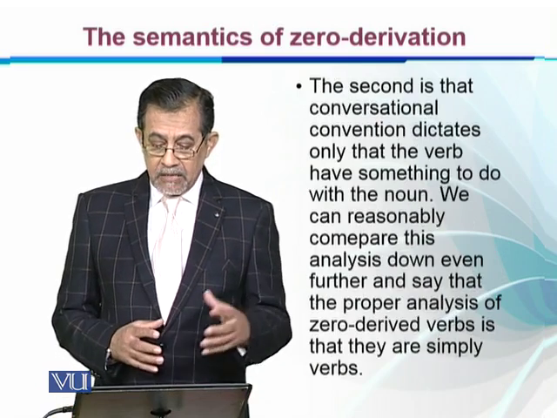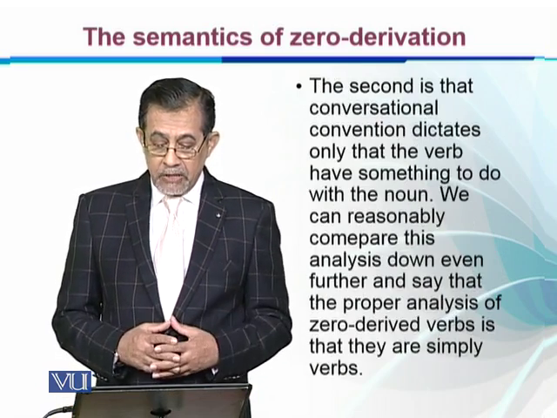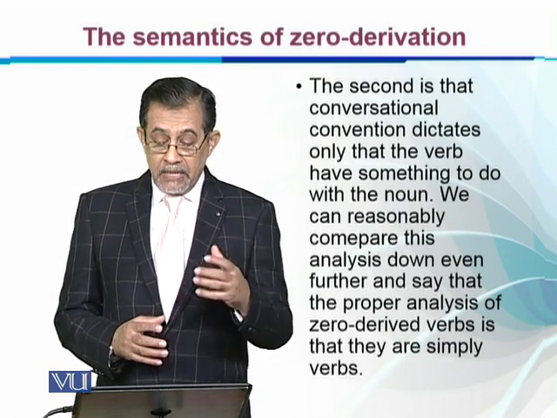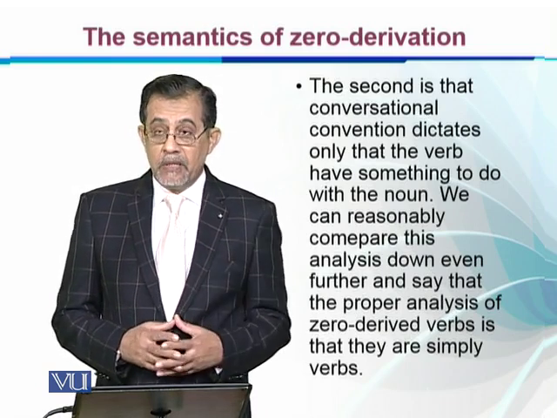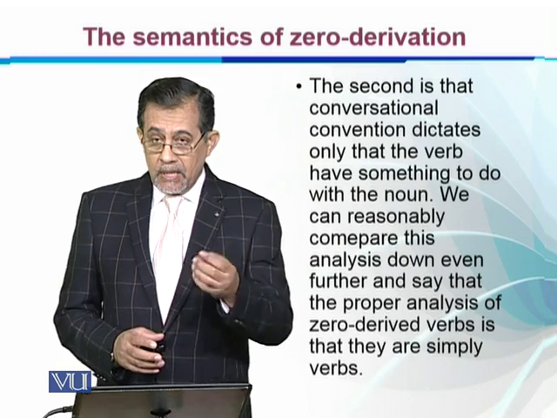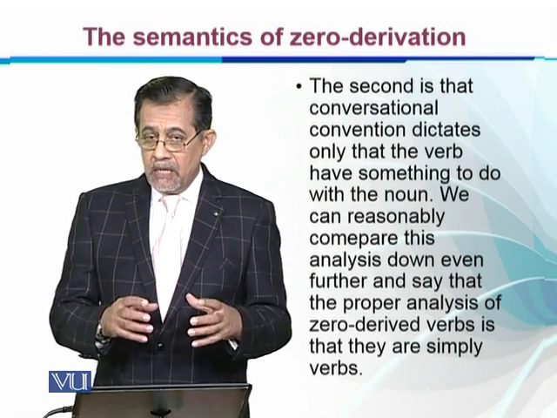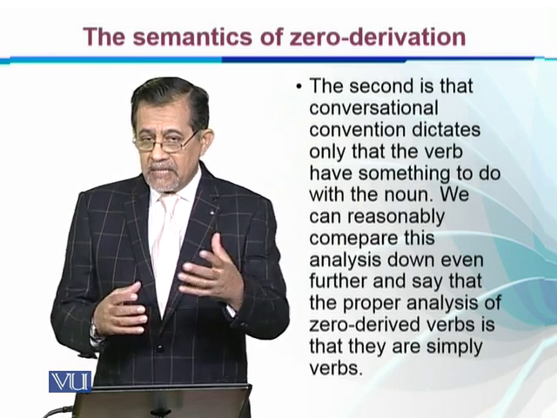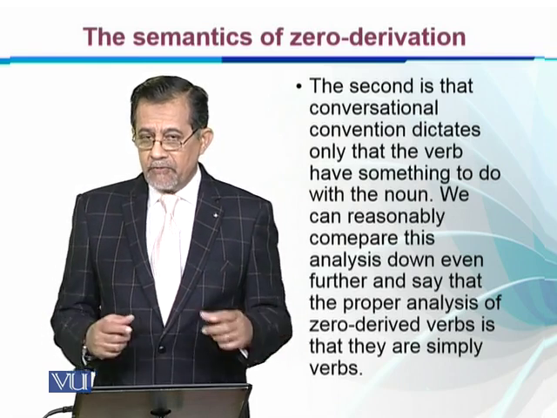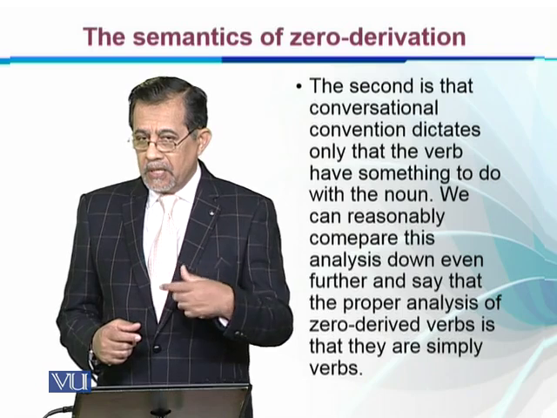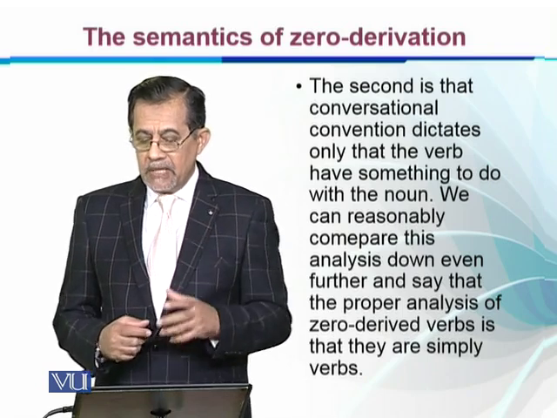The second is that conversational convention dictates only that the verb have something to do with the noun. So there is something that the noun has done, as Houdini slapped or punched himself. His name refers to a certain activity that he did.